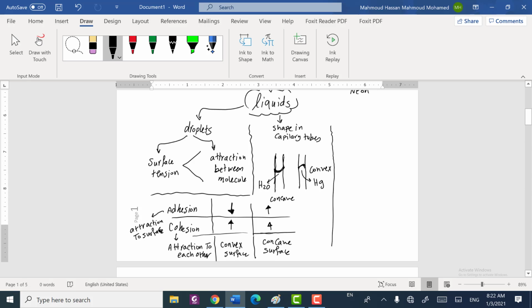The third one, we are going to talk about the boiling point of liquids. Boiling point is controlled by the molar mass of the compound.